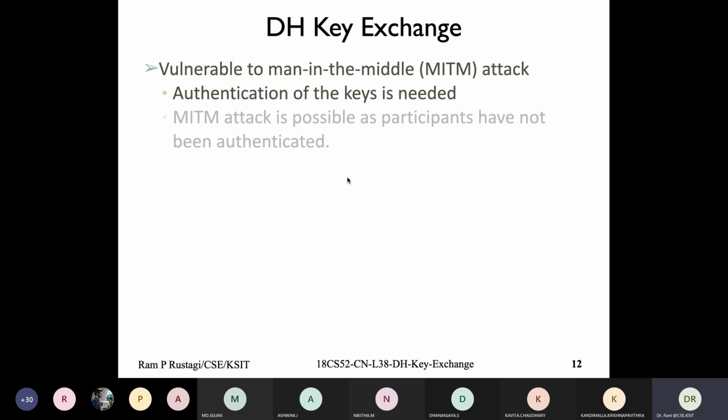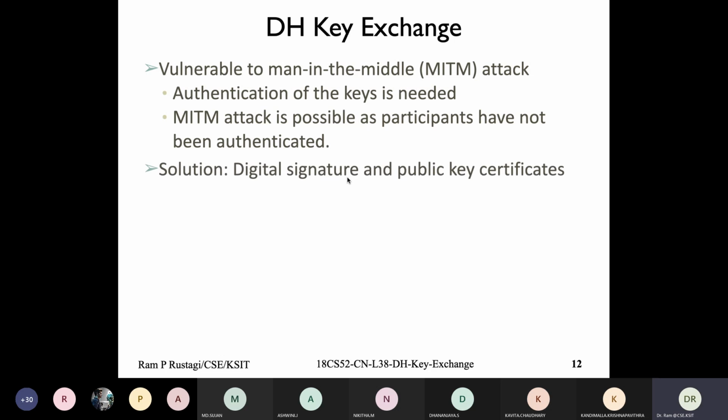The man-in-the-middle problem occurs because the end users are not authenticating. So before you agree upon a key, you need to ensure there is authentication, and that solution is provided by using digital signatures and public key certificates. By itself, the Diffie-Hellman key exchange cannot be used because it is subject to man in the middle.